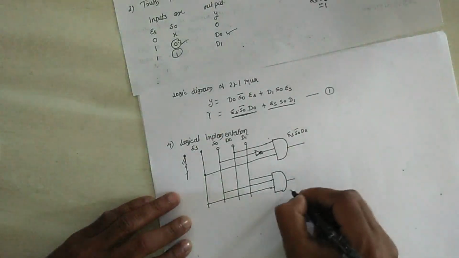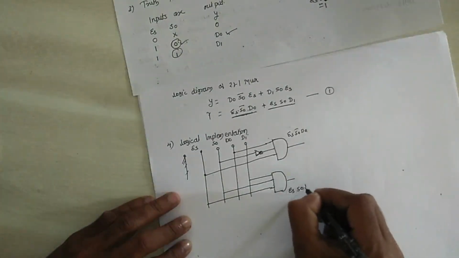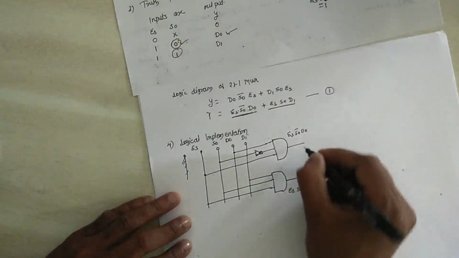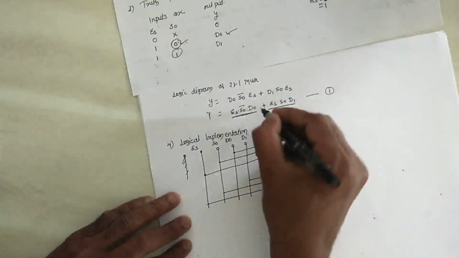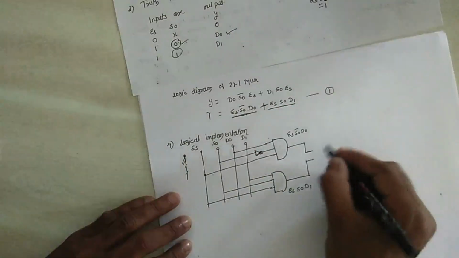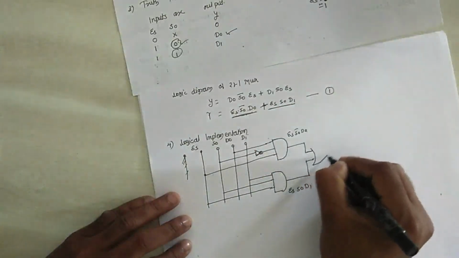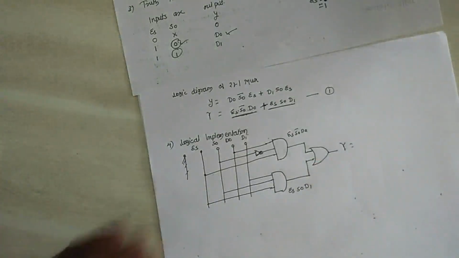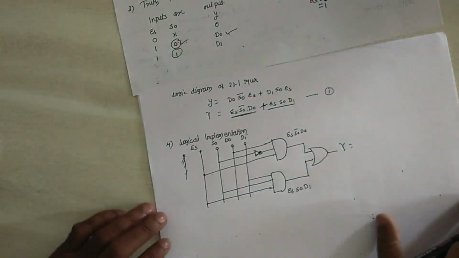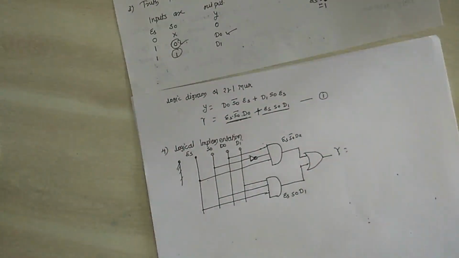This produces ES S0 D1. We consider these two different terms. Then what is the relation between these two terms? They are ORing with each other, so use OR gate. This is Y, and this is the logic diagram of 2:1 multiplexer. I hope you easily understand 2:1 mux.